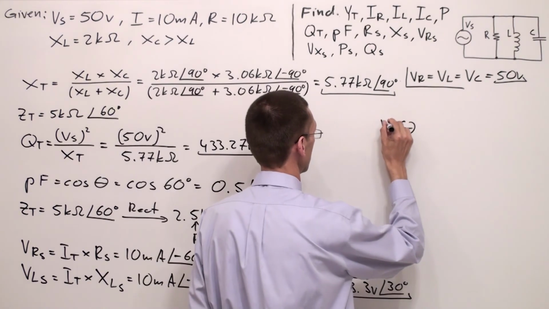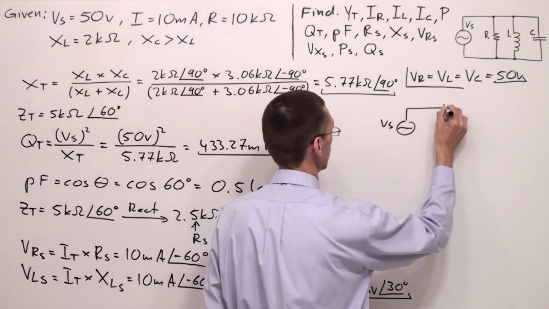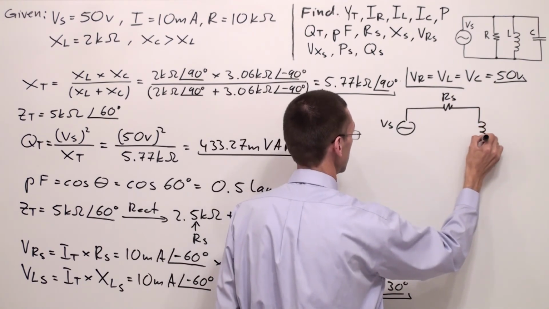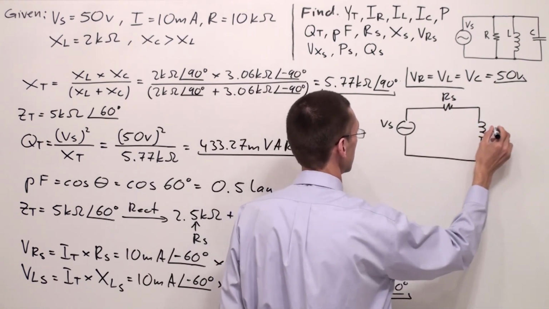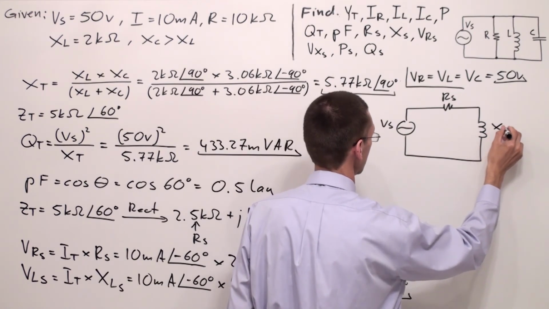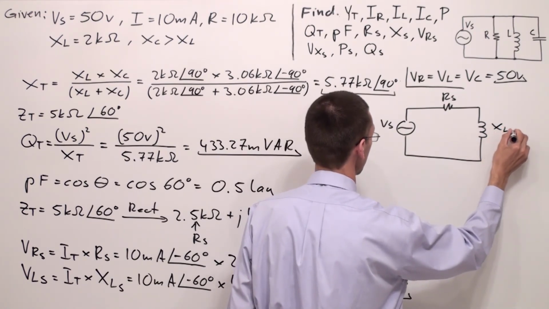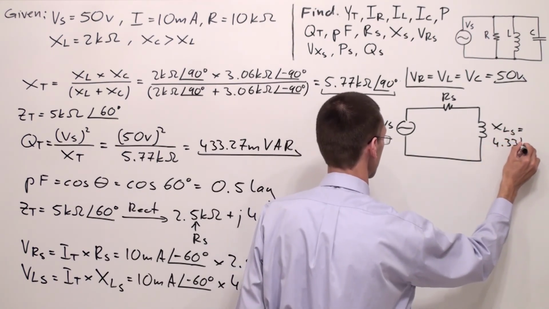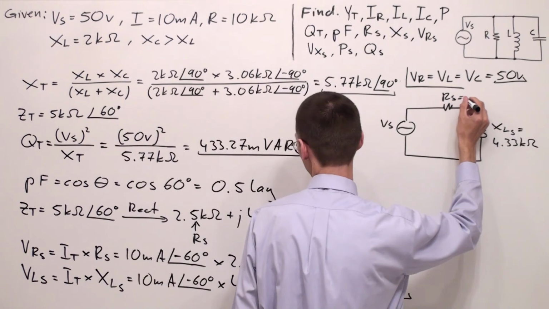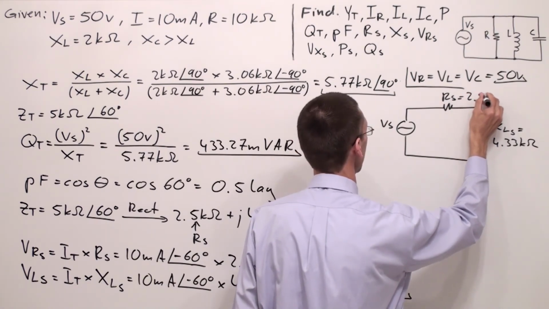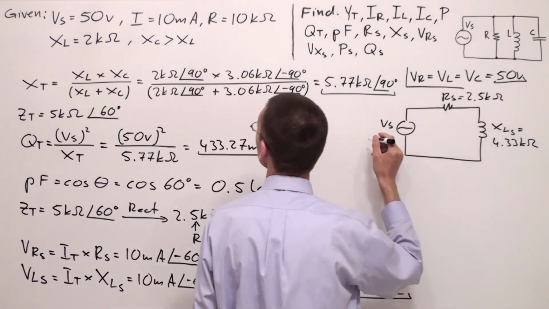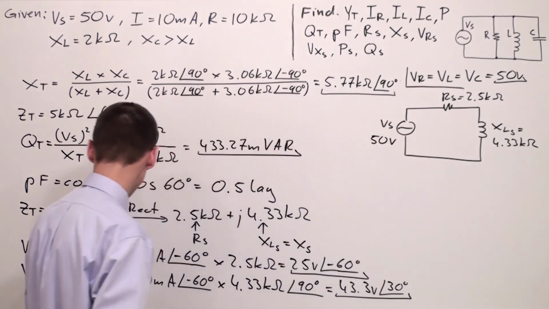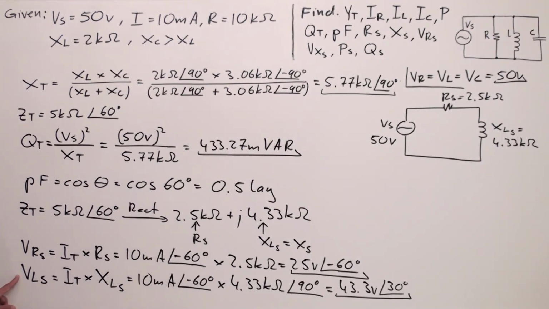We have voltage source, we have resistor R S, and we have inductor with inductive reactance X of L S equal to 4.33 kiloohms, and R S is equal to 2.5 kiloohms. Voltage source is equal to 50 volts. So we found V R S and V L S.